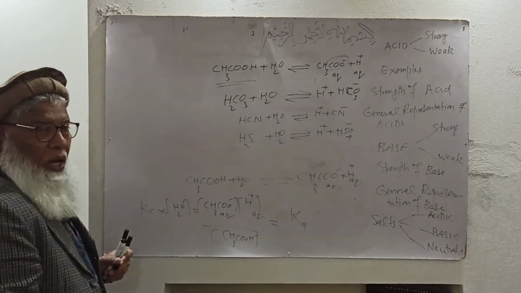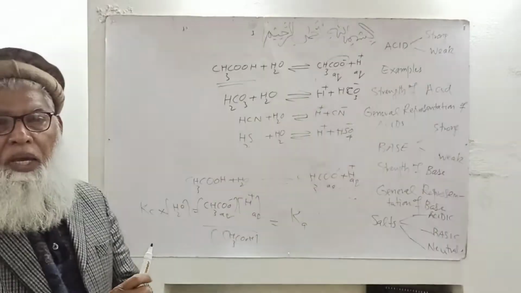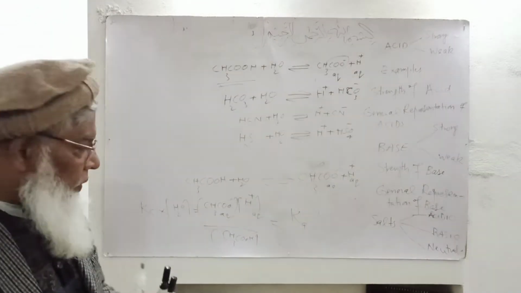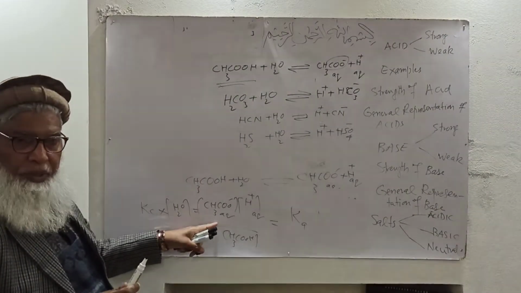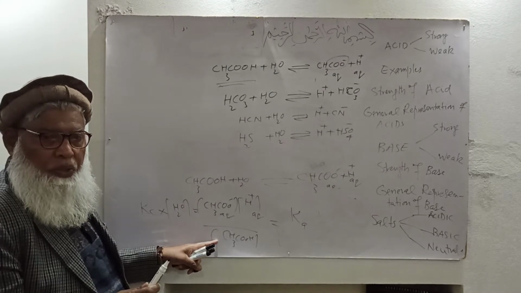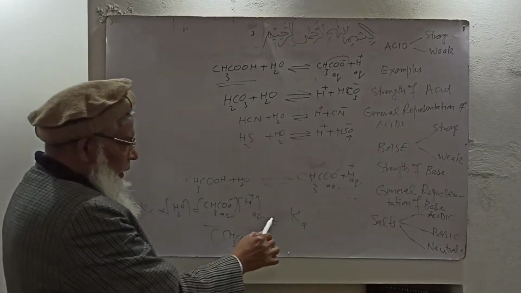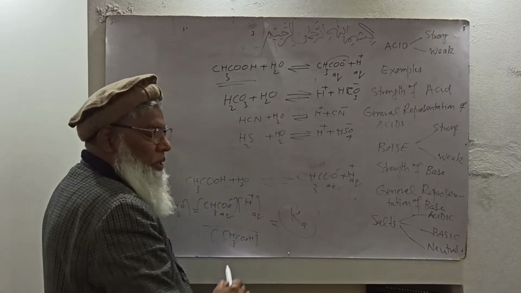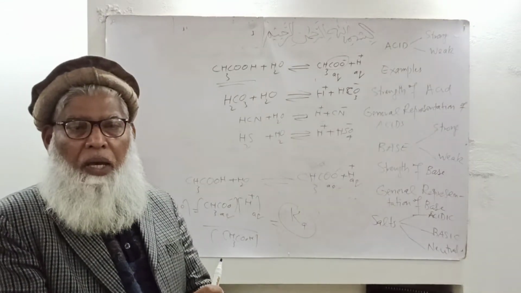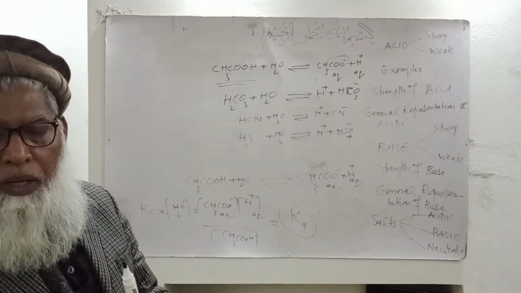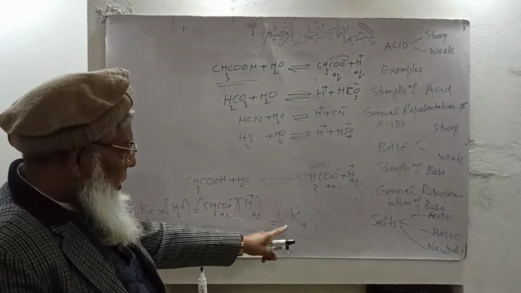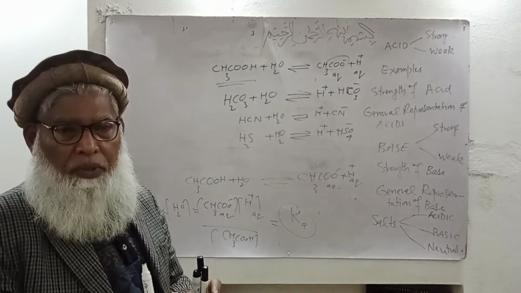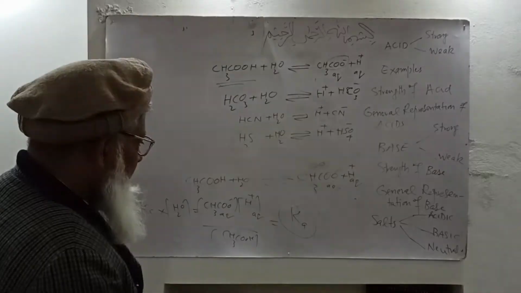This Ka is the ionization constant of an acid. It's a ratio of dissociated acid to undissociated acid. The greater the value of Ka, the stronger is the acid. The lesser the value of Ka, the weaker is the acid. So Ka is the measure of the strength of an acid.